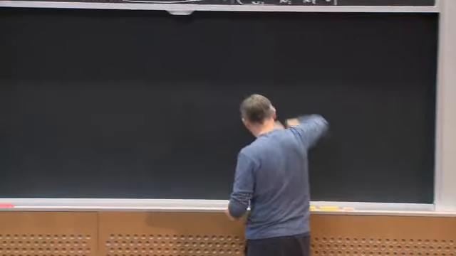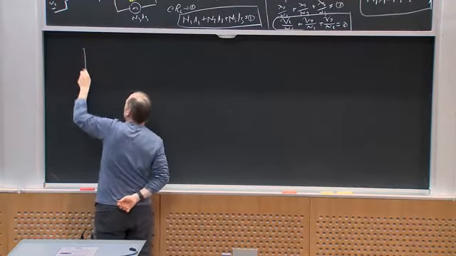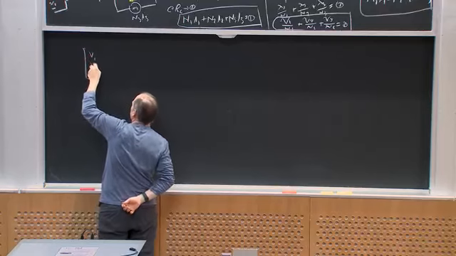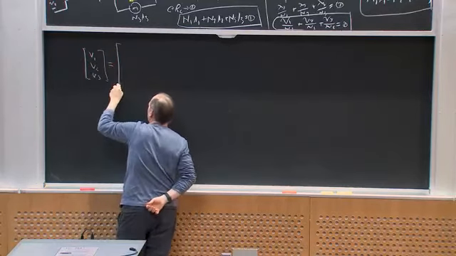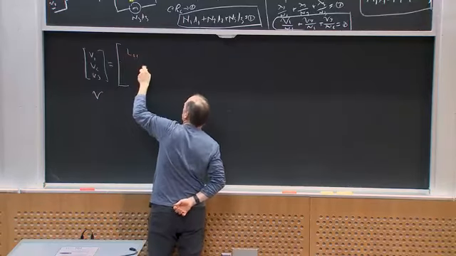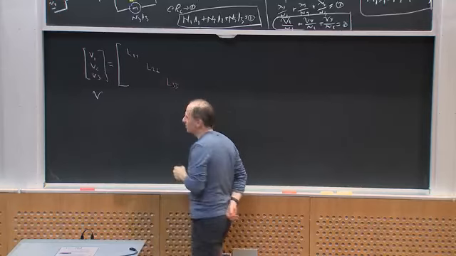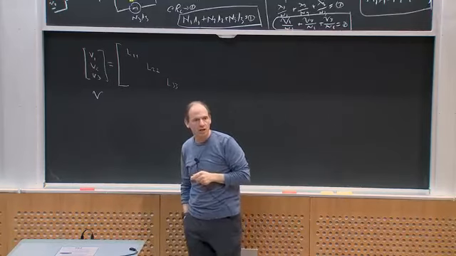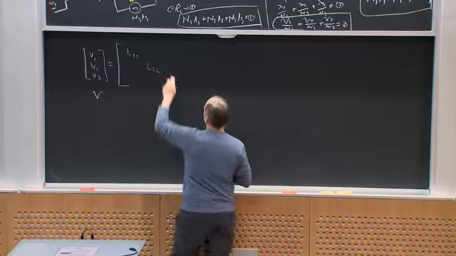What I would get in the general case is V1, V2, V3 is equal to some inductance matrix, L11, L22, L33. Because it's reciprocal, I would have a symmetric matrix, okay?